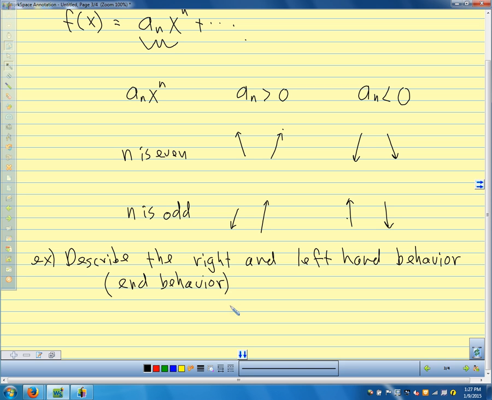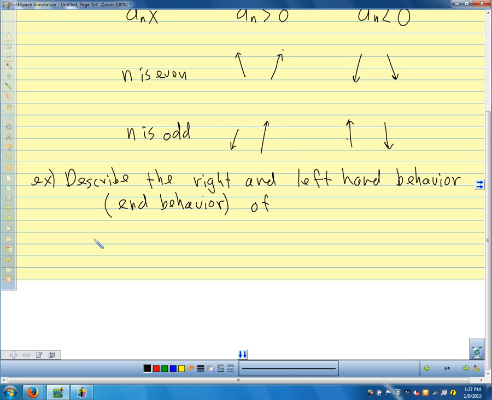So what's happening at the ends of the graphs, and we'll do a couple here. f of x equals minus x to the fourth plus 7x to the third minus 14x minus 9.